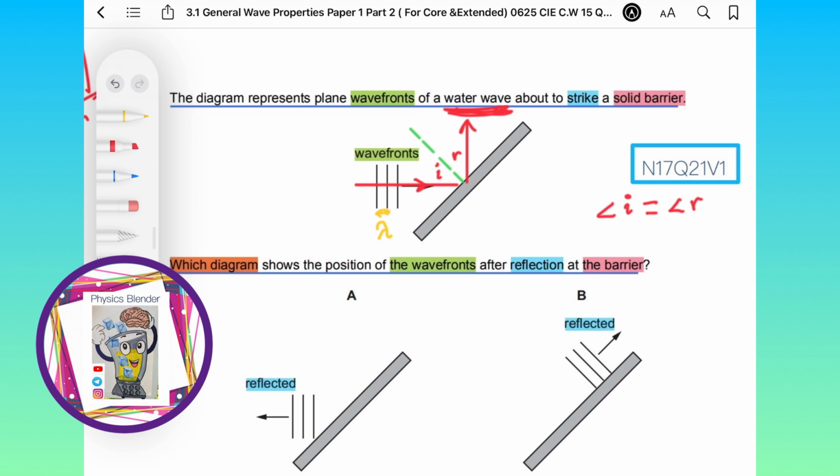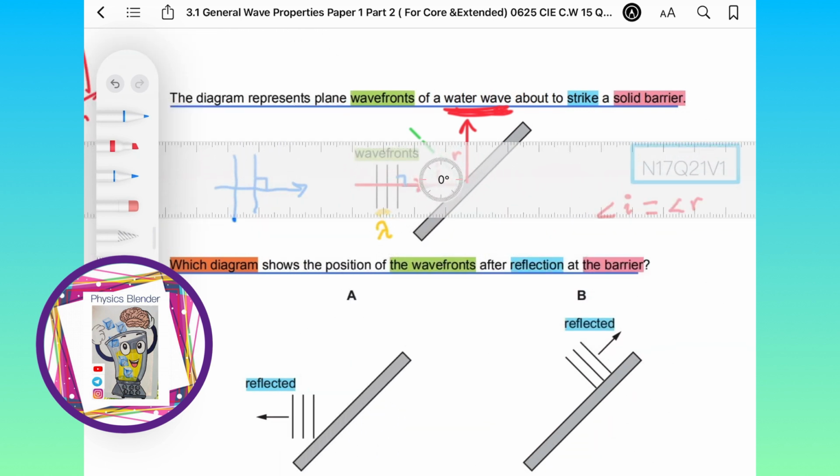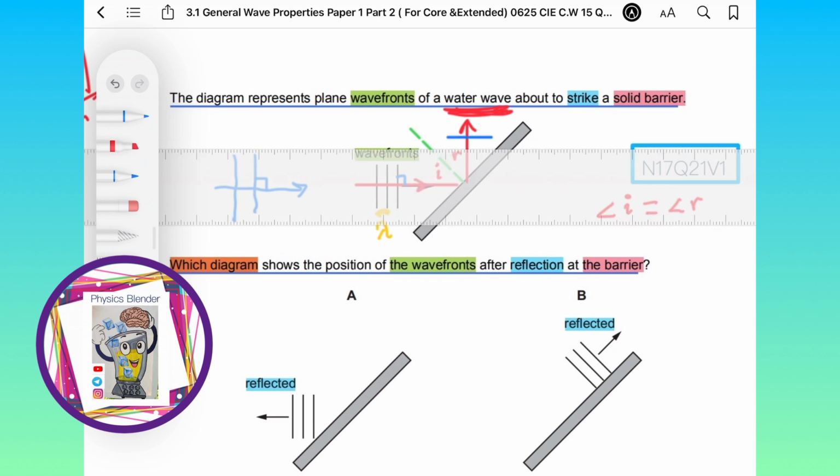So for this reflected water wave, you have to draw the lines, the wavefronts, and one of the properties of wavefronts is that they are at right angle to the direction of wave travel. So if you have wavefronts, you will find that they are perpendicular to the direction of wave travel. So you have to draw here wavefronts equally spaced, okay, the same.